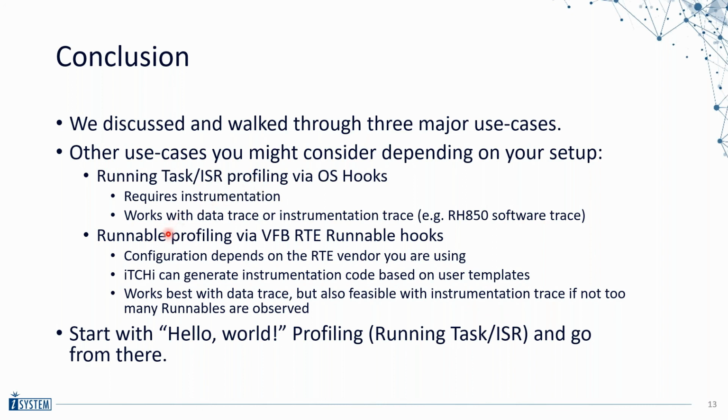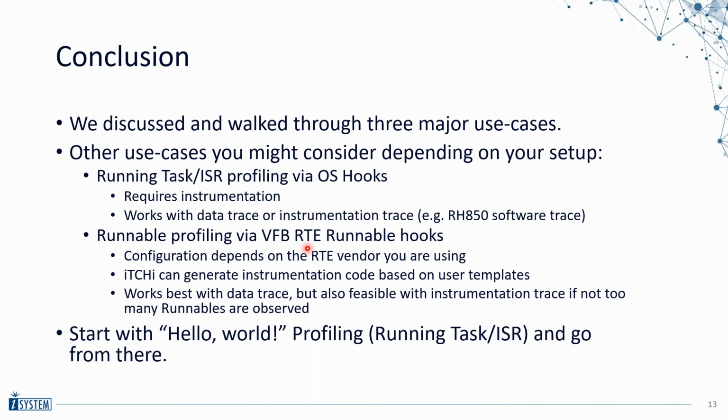And then another thing I want to mention is, if you don't have program flow trace available, or if you don't have a powerful version of program flow trace available, like recording program flow trace for 2 cores, as I just did, is kind of unrealistic in a real-world scenario, because usually there's too much data. To work around that limitation, you could instrument the runnables via the so-called virtual function bus RTE trace hooks. There's a start and return hook for each runnable.